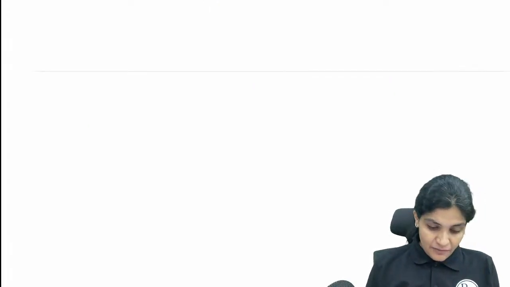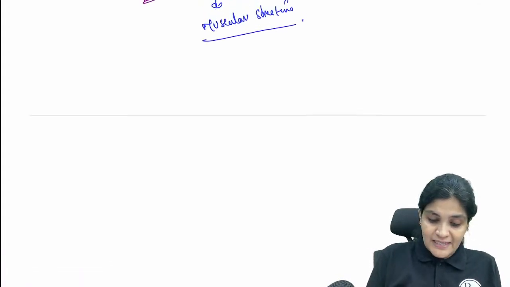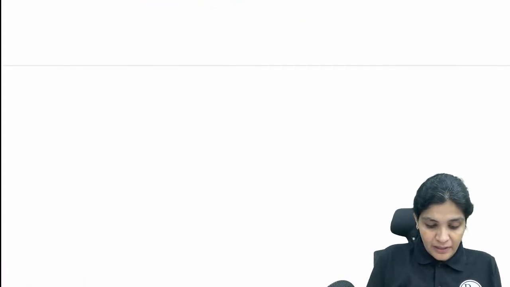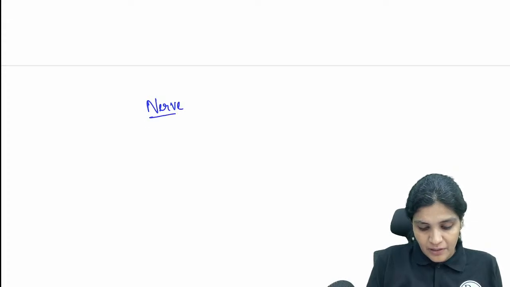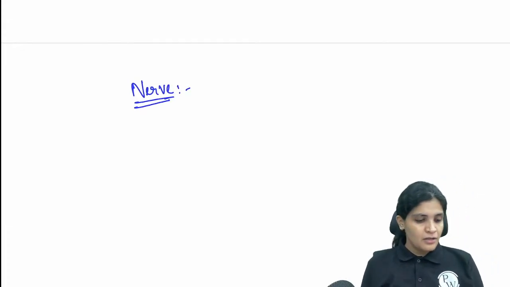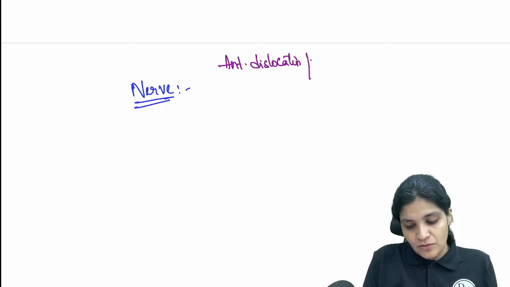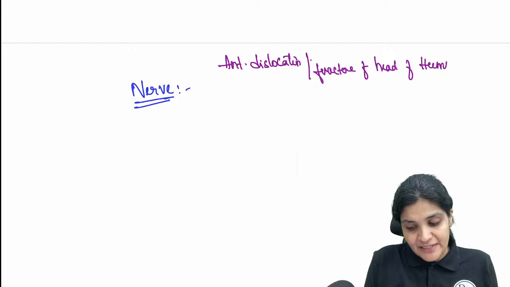And yeah, it is very, very useful. Anywhere it is useful. And one thing I want you to always examine also is the important nerve here. So what is that important nerve which we are interested in? In case of anterior dislocation, or in case of fracture of the head of the humerus, what is the nerve which is going to be affected?